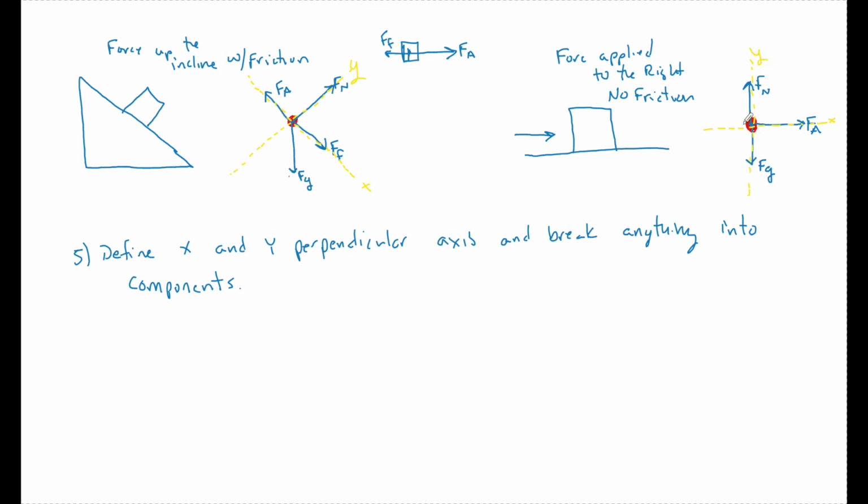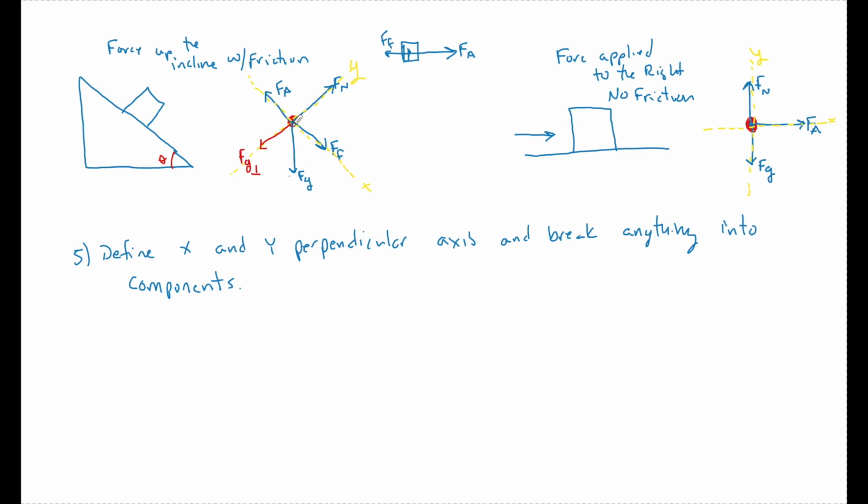Now we see all the forces act on an axis for this one. But right here, gravity does not act on one of the axes. So I must create components and find the components of this weight. Now, if you saw my video on inclined planes, you see that I'm going to call that component Fg perpendicular. And that is going to be the cosine of theta, where this is theta.